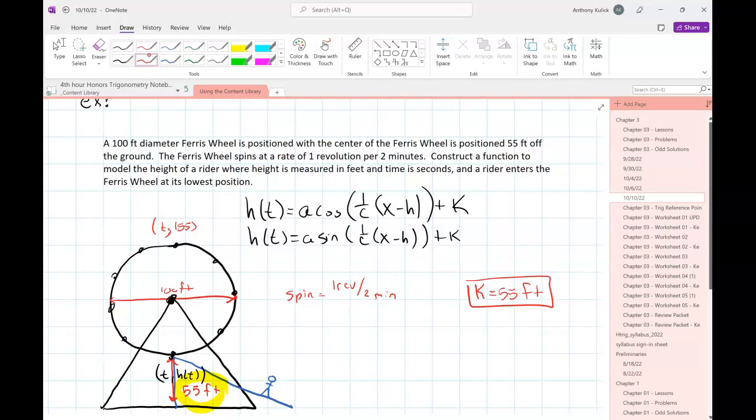So what is that diameter related to? Not the period, the amplitude, right? So the lowest we can go is 55, and the highest we can go is 155. What must the middle be?